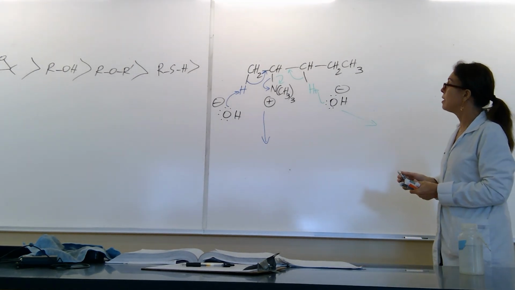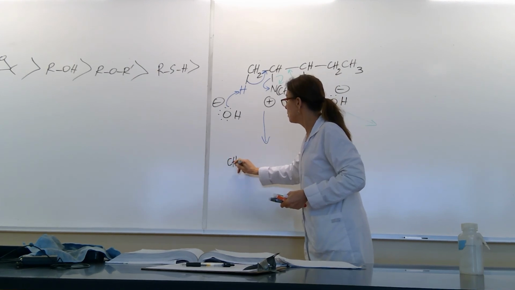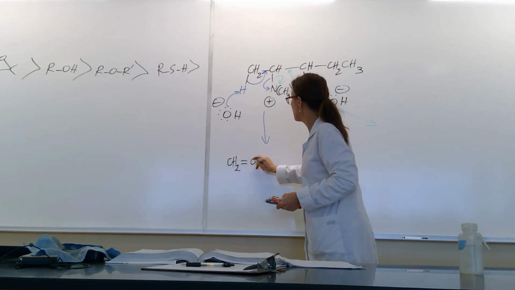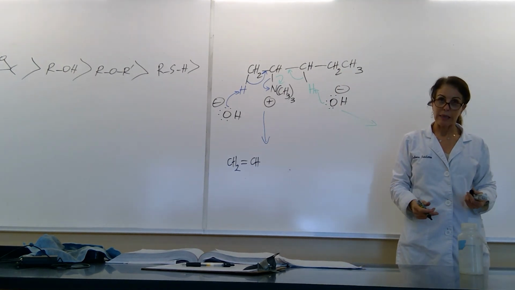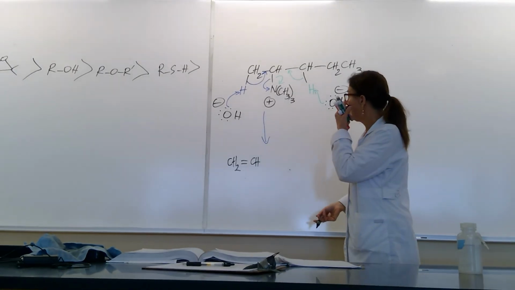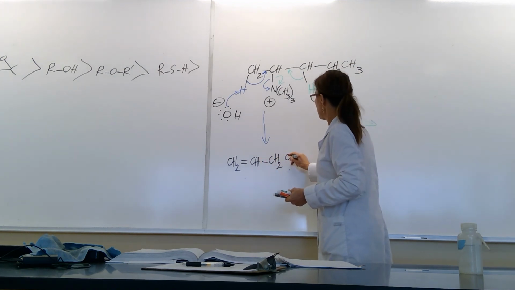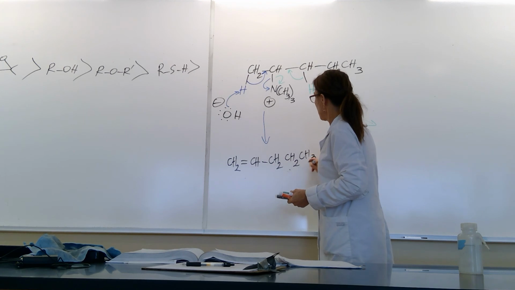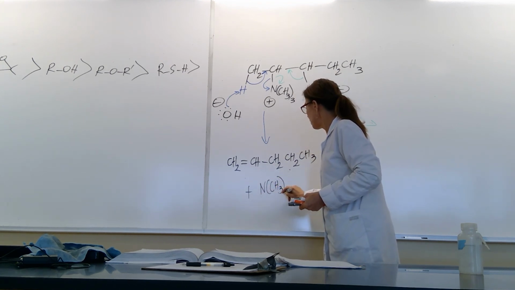So the blue gives me what? Gives me CH2, double bond CH. Remember, Hofmann is always going to give you an alkene, okay? And then I have CH2, CH3, plus of course N CH3.